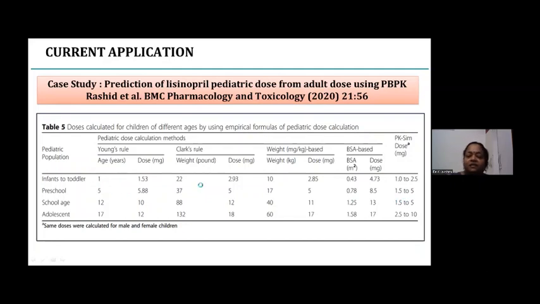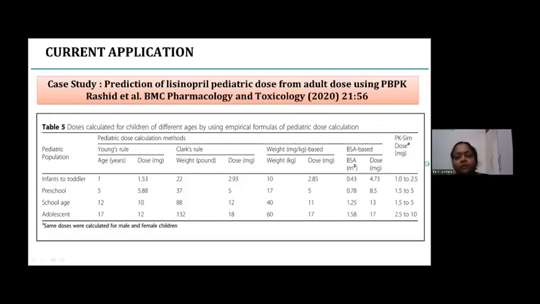We can see in this table, for example, when we take infants of age group less than 1 year up to 1 year, the dose as per Young's rule is 1.53 milligram, whereas if you use Clark's rule, it is 2.93. If it is by the weight-based method, it is 2.85, but the BSA calculation is 4.73. So it's a heavy dose when compared to the PK-Sim model.